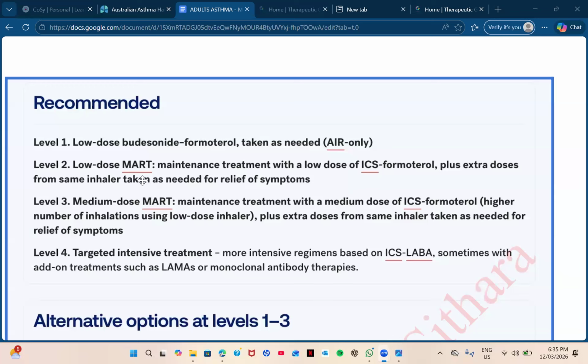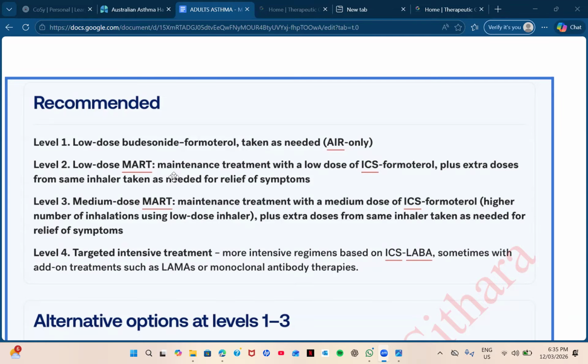So level 2 is low dose SMART, maintenance and reliever therapy: maintenance treatment with low dose ICS formoterol plus an extra dose from the same inhaler taken as needed for relief of symptoms. Hope you understand what I'm telling.